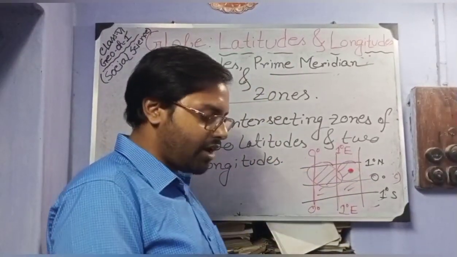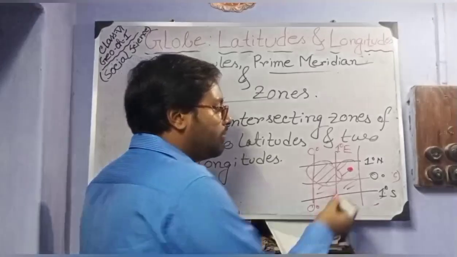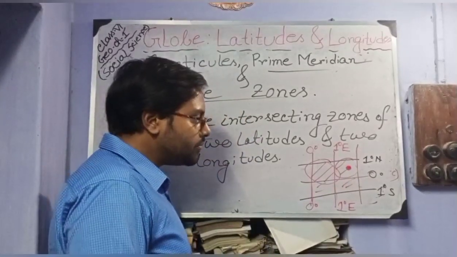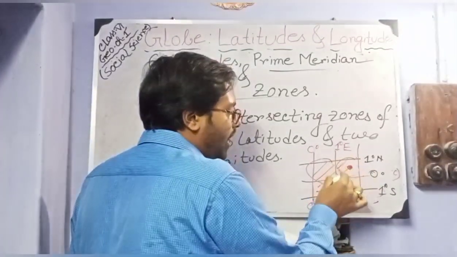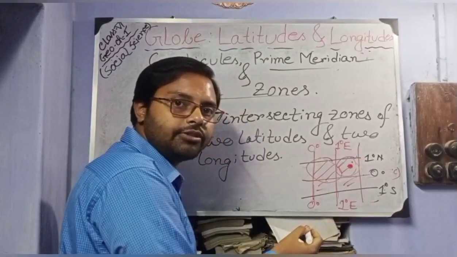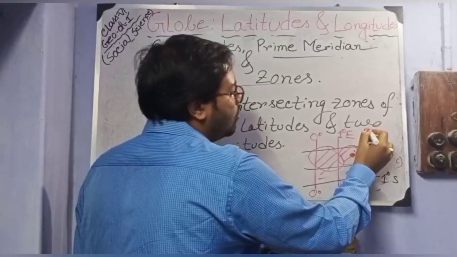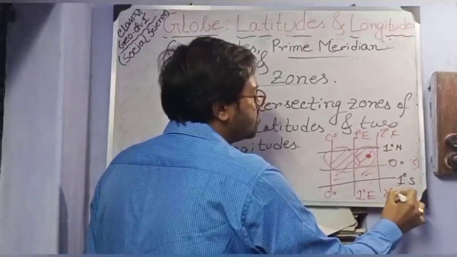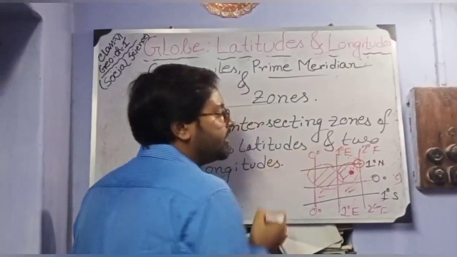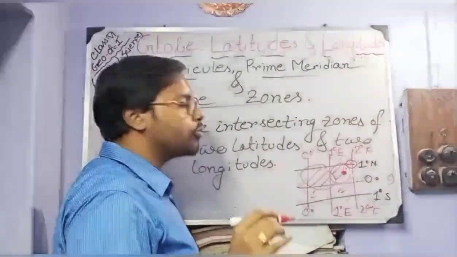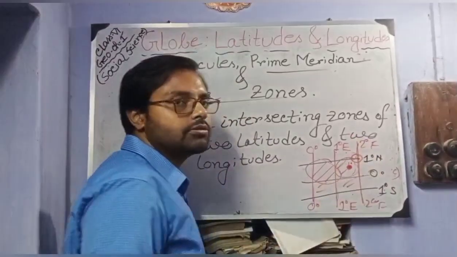If we are asked what the location of Madhupur is, we have to say that Madhupur is located between 0 and 1 degree north, that means 1 degree north latitude, and 1 degree east longitude, or this is 2 degrees east or 1 degree 30 minutes east longitude. If it is located here, then we can say Madhupur is located at 1 degree north latitude and 2 degrees east longitude.